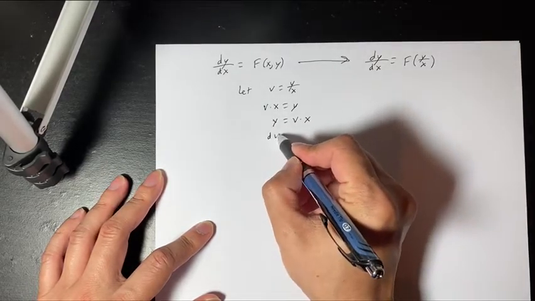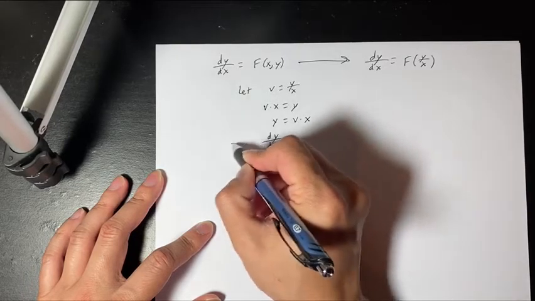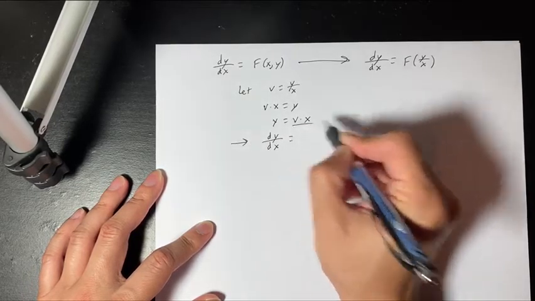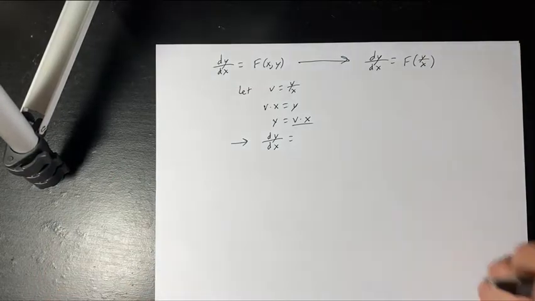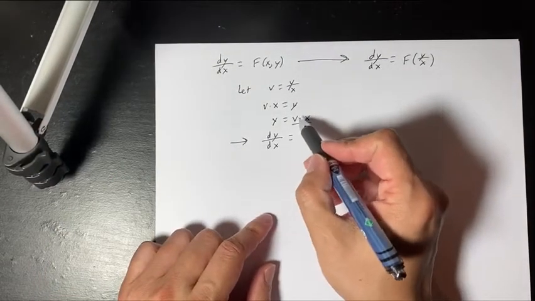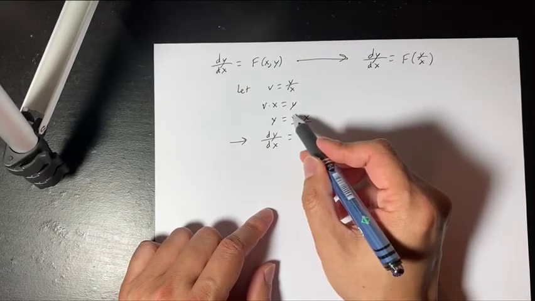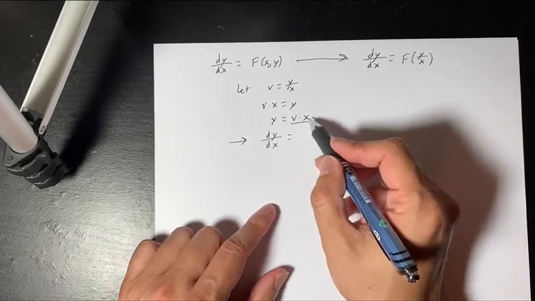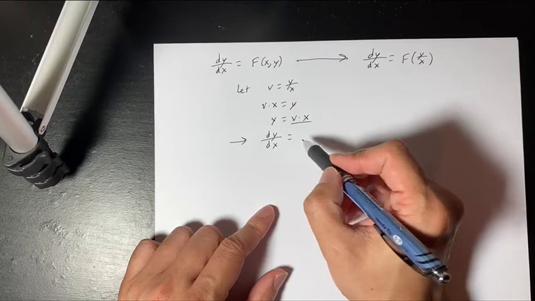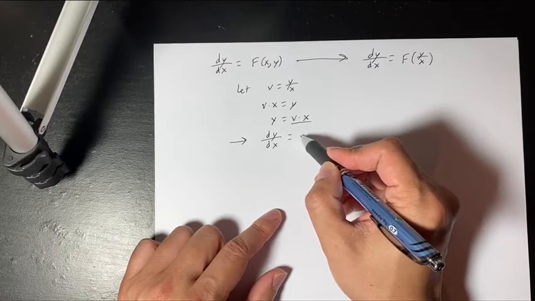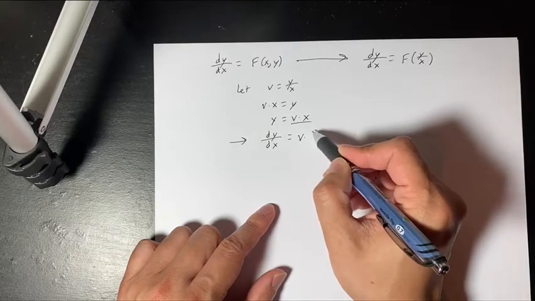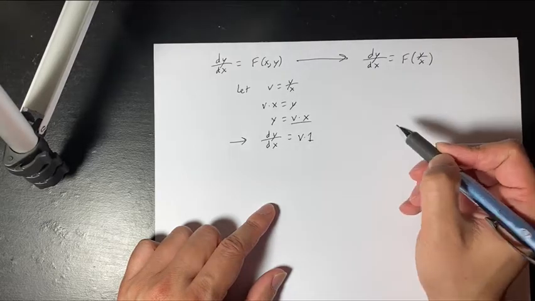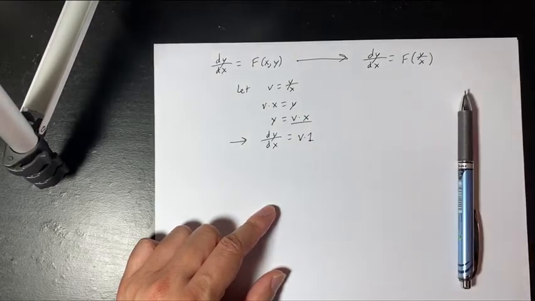Then if I differentiate the left with respect to x, differentiate the right side with respect to x. Now this is going to be a chain rule, because again v depends on x, so you can't just assume that it's a constant. So not chain rule, product rule. So I'm going to keep v, differentiate x with respect to x. Well, that's a 1, right? Because we're differentiating with respect to x.